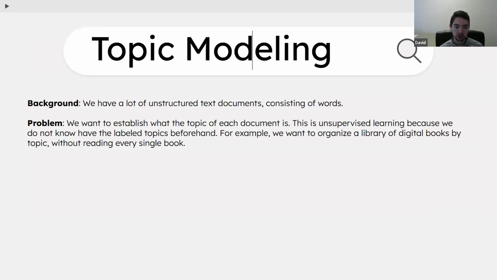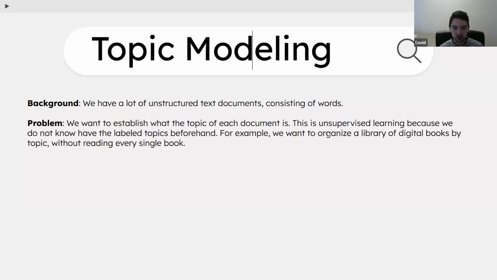So we want to first determine a certain word that has to do with each book, for example, or maybe there's a book that's partially on water but partially on ships. So you may want to have a certain indicator of how much it has to do with water and how much it has to do with ships, for example.